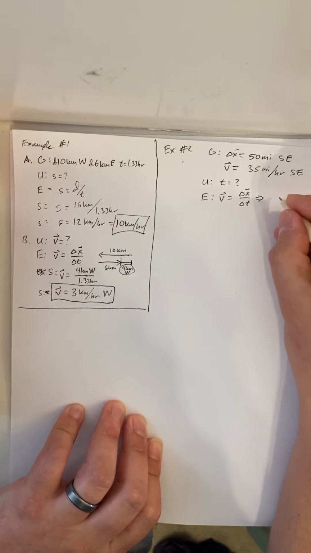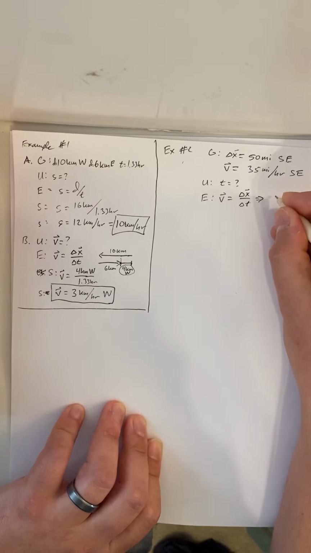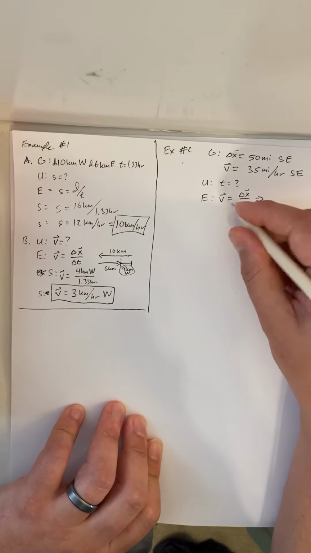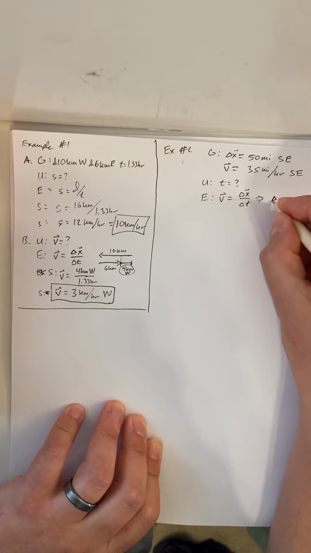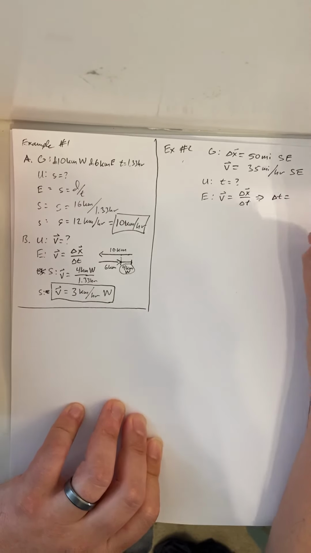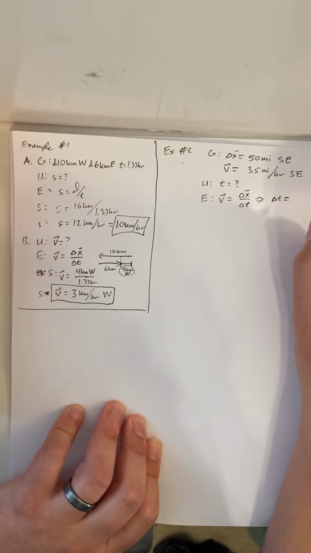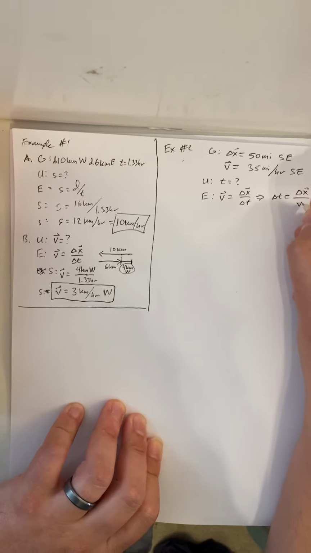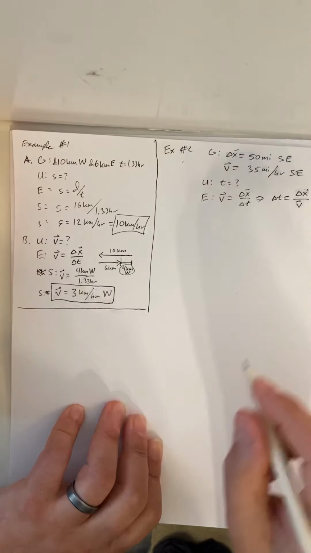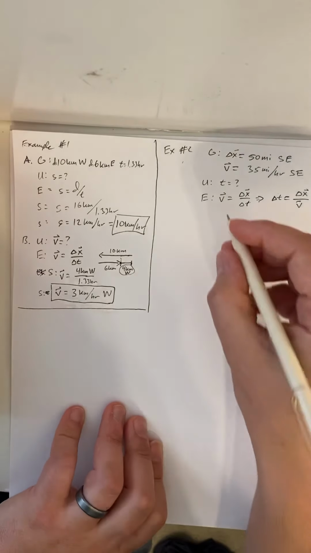We talked about this in the last video. If we wanted to solve for time, we'd multiply both sides by time and divide both sides by velocity. And so we get that time, which is a scalar, so it doesn't get a little vector hat, is equal to displacement over velocity. Okay, so I can plug these in because I know these things.